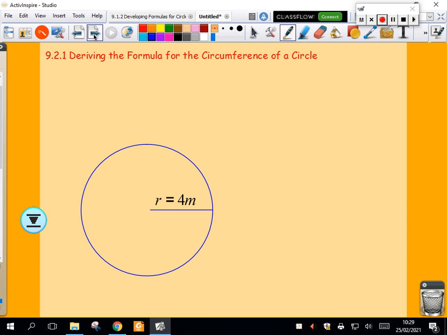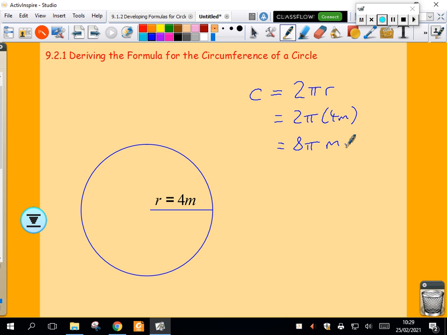Okay, look at another example here. I'm given the radius is 4 meters. Again, I'm going to use the formula that involves radius, this is in your formula and tables booklets, page 8 or 9. It says the circumference equal to 2 pi times the radius. So that's just 2 pi times 4 meters, which will be 8 pi meters. Again, that's the exact answer.